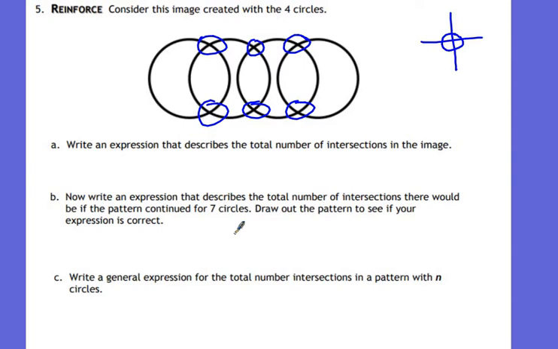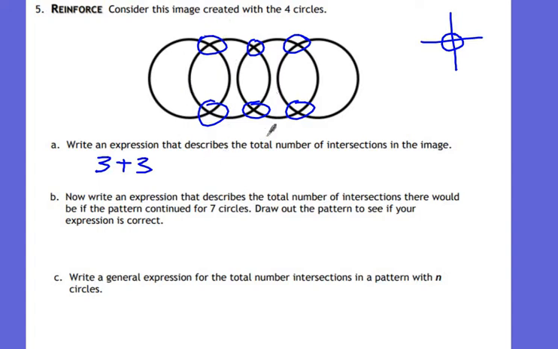There's all sorts of expressions we can see. You might come up with others that I'm not even noticing right now. But one expression I see is I could write the top intersections. There's 3 of them. And then my bottom section, there's 3 of those. So there's an expression.